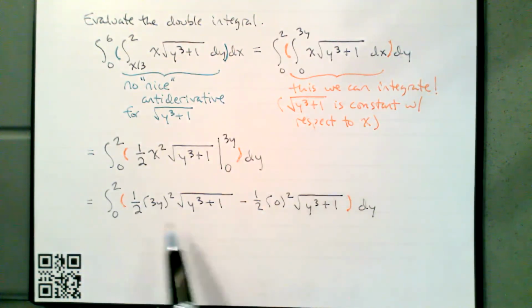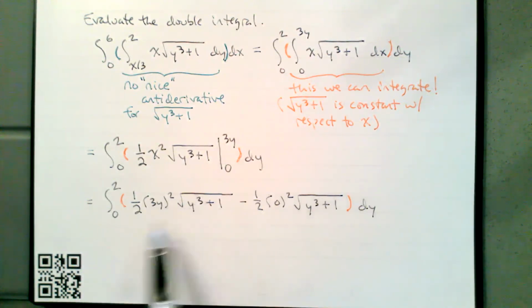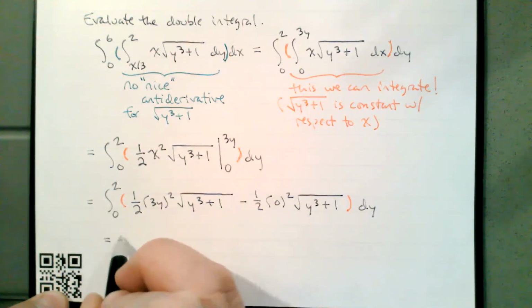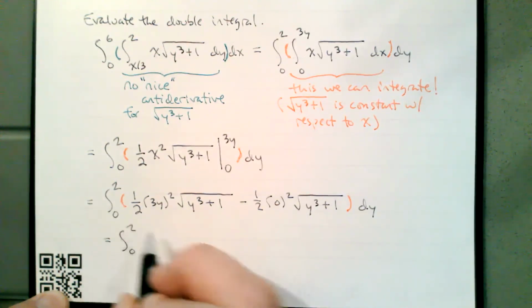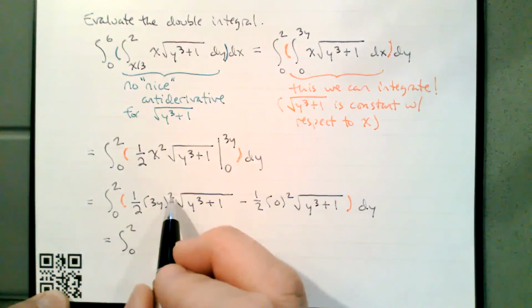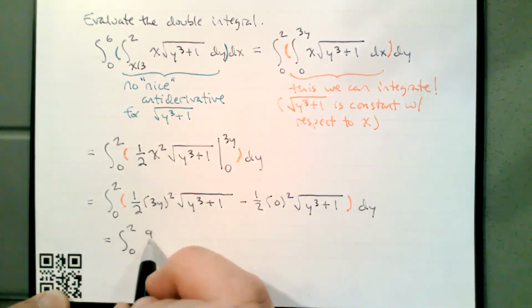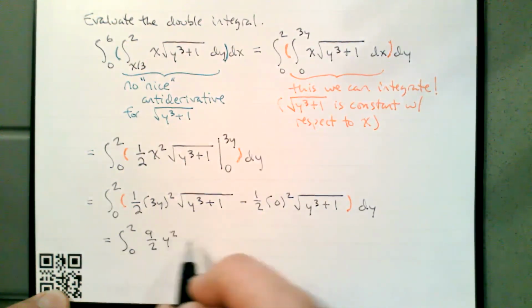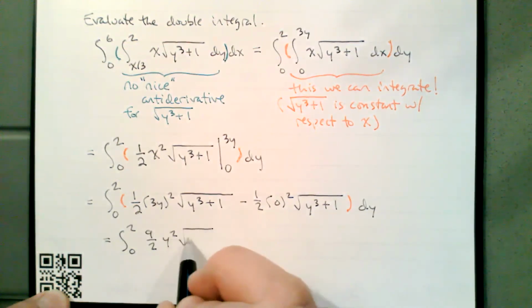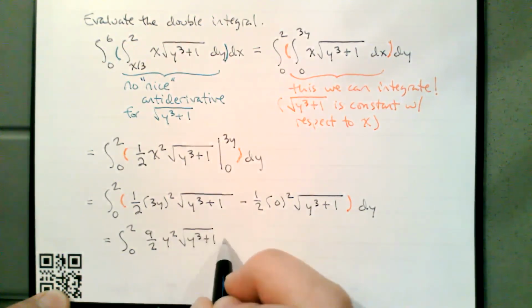And so now we have just a function of y, and we're integrating from 0 to 2. We're going to have 3 squared is 9/2 y squared times the square root of y cubed plus 1 dy.